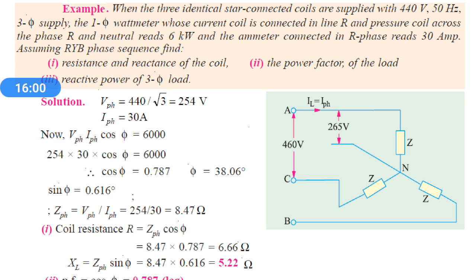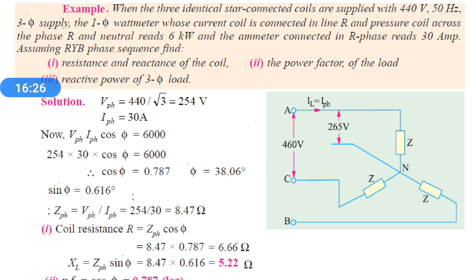So 254 into 30 into cos phi equal to 6000. From this equation cos phi equal to 6000 divided by 254 into 30. We got cos phi equal to 0.787. That is the cos phi or power factor 0.787.